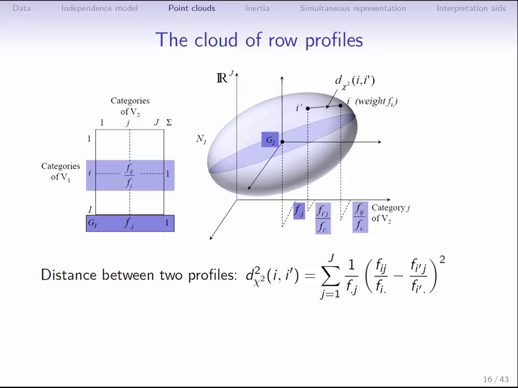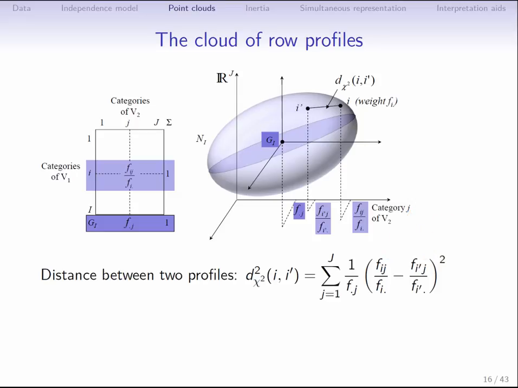The distance measure used in correspondence analysis is called the chi-squared distance. It greatly resembles the usual Euclidean distance. Indeed, it involves a sum of differences. We calculate the difference between profiles i and i prime, that is, between f_ij over f_i point and f_i'j over f_i' point.